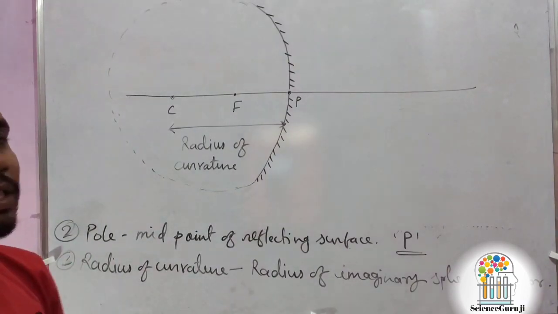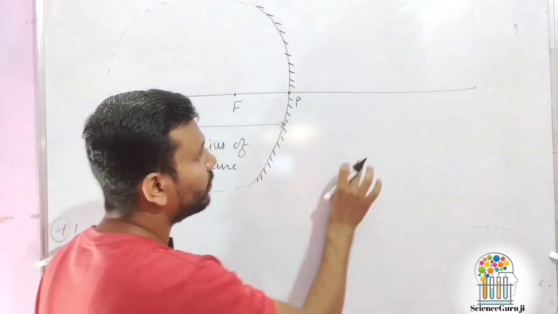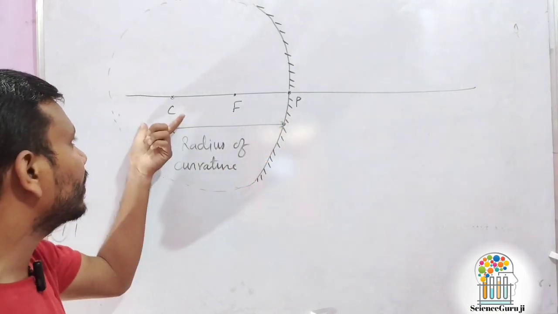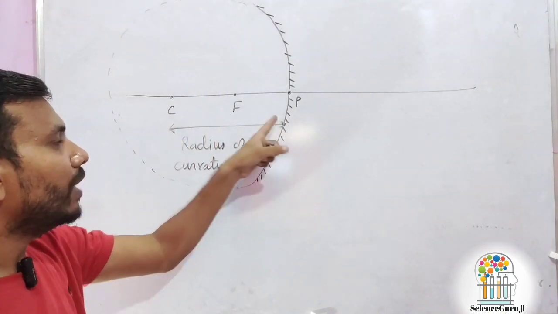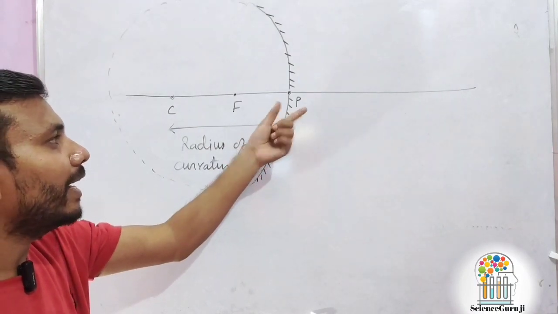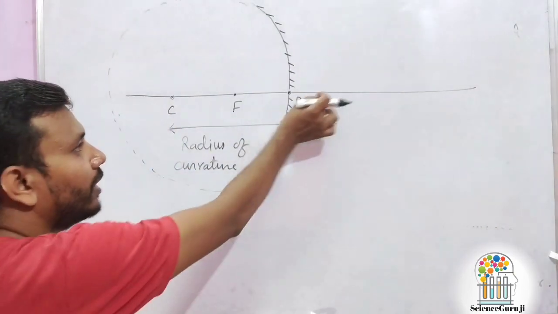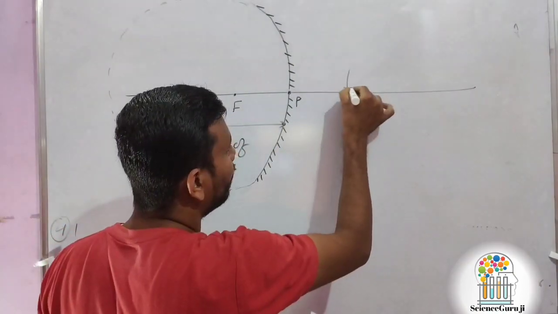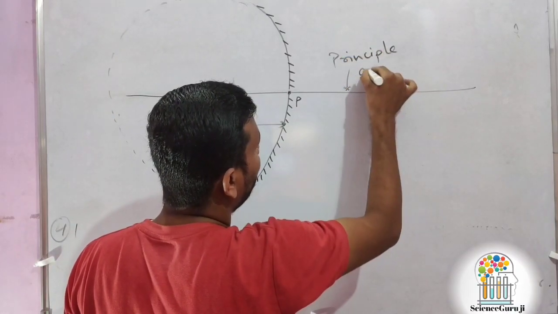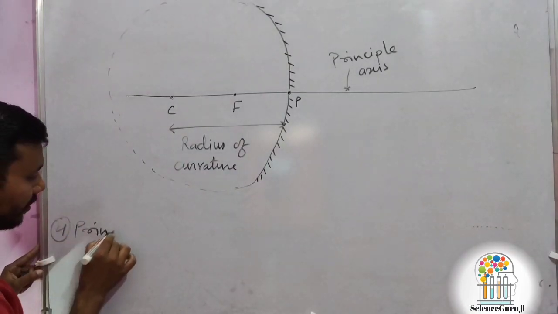Let's move to the next point, the principal axis. The principal axis is the line which joins the pole and the center of curvature. So this line is known as the principal axis.